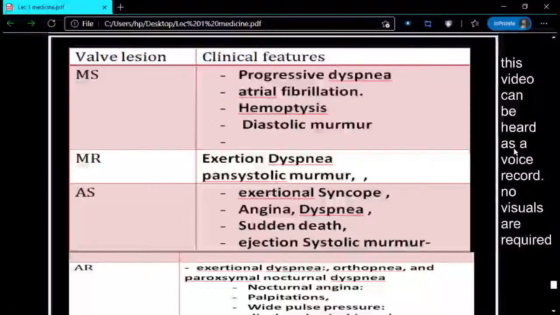Ejection of murmurs, but it doesn't include fibrillation, nor hemoptysis.